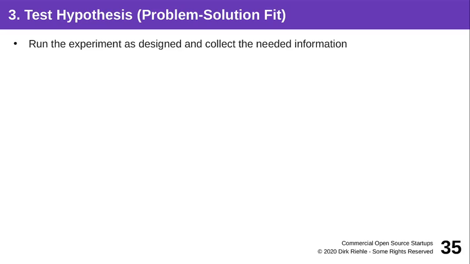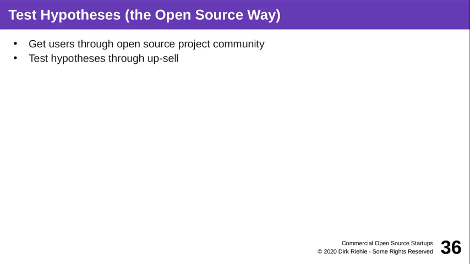So I kind of skipped ahead already using the open source community here. Actually, we just talked about getting ideas. Now you need to run the experiment to collect the needed information. And again, I should have split this in the open source way. For using an open source community, you can run the experiment by using your existing platform to get users.